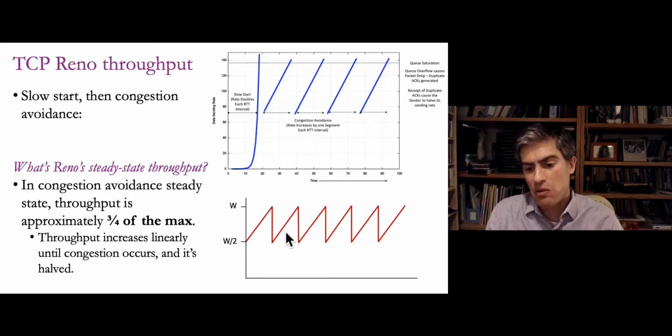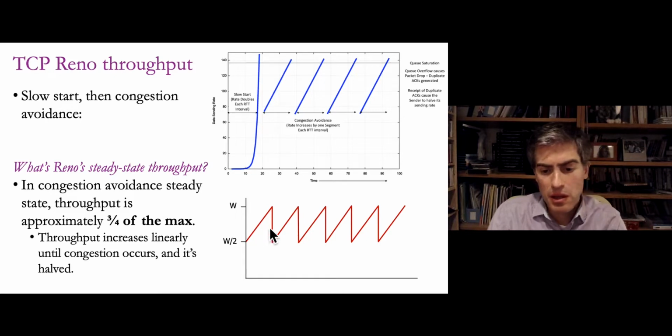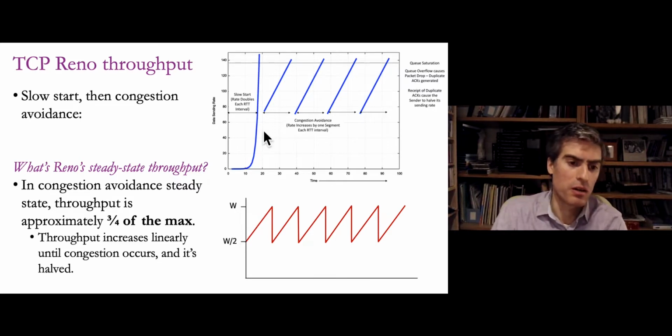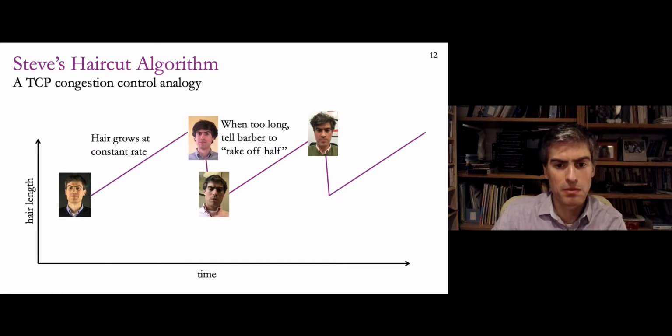And it doesn't matter whether we stretch out that slope or make it sharp, we'll get the same average answer because we're dropping down constantly every time. So this sawtooth pattern averages to exactly the number between the maximum and minimum of the sawtooth, which is 3/4. The average is going to be 3/4 of the maximum when we are in this congestion avoidance state using additive increase and this cut-in-half multiplicative decrease.